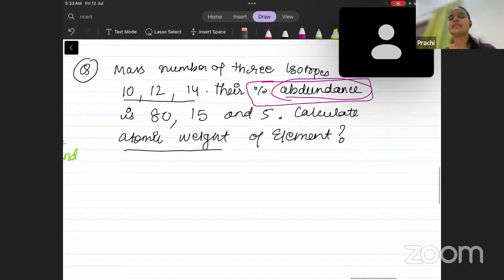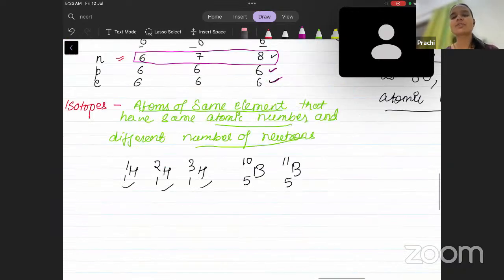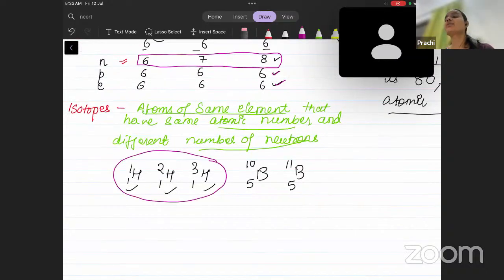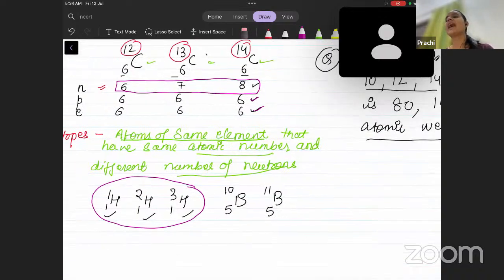So see, just now what we saw is that isotopes are the atoms of the same element which have the same atomic number but different mass number. Now let's suppose I ask you to bring hydrogen from anywhere, from whatever place. You can choose the place and you bring the hydrogen from there.